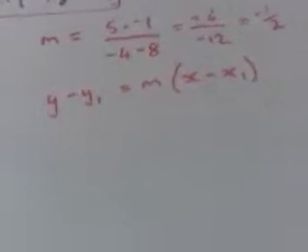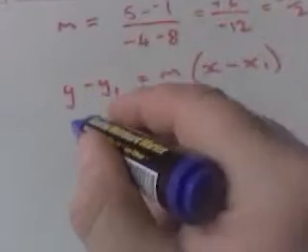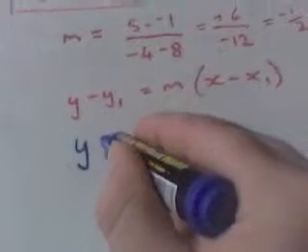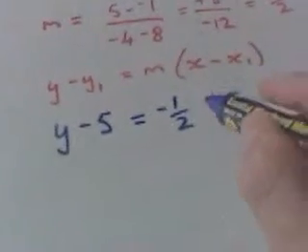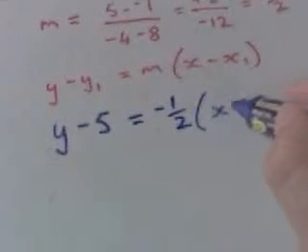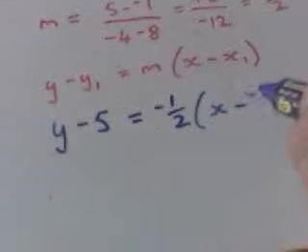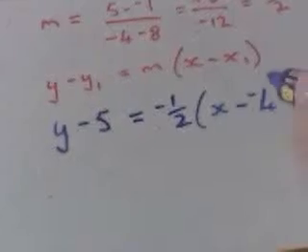That would give me y minus 5 equals negative a half lots of x minus 4.